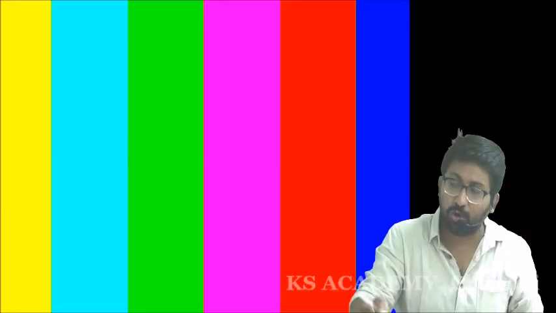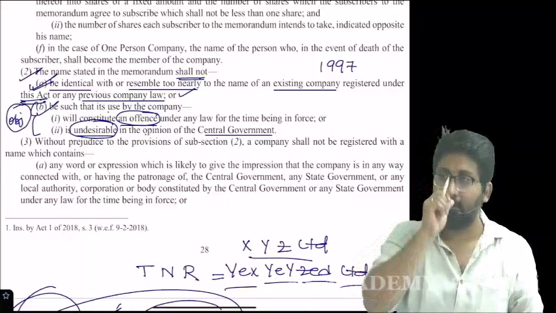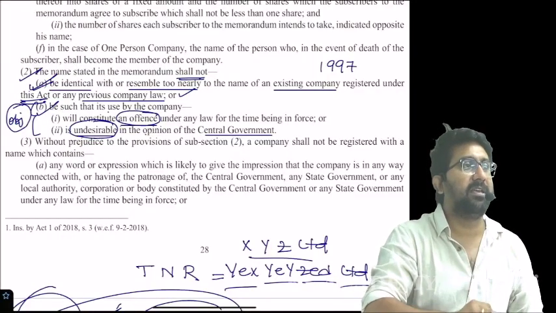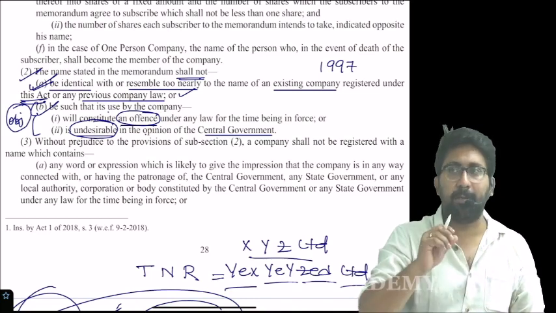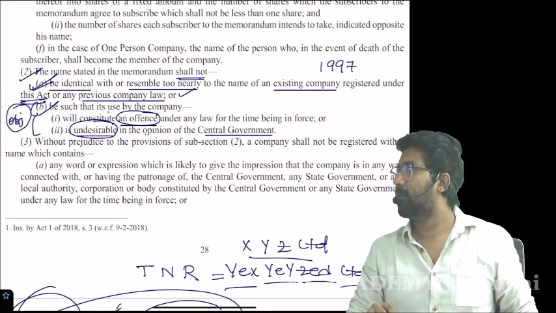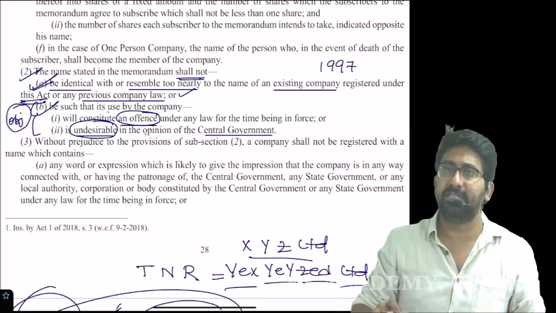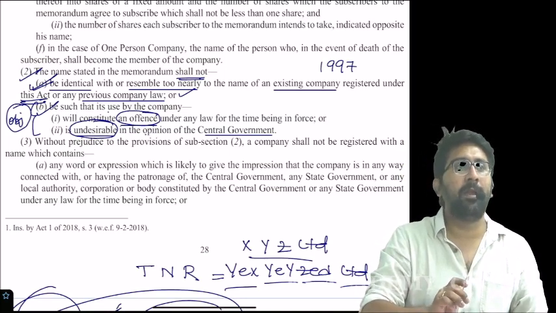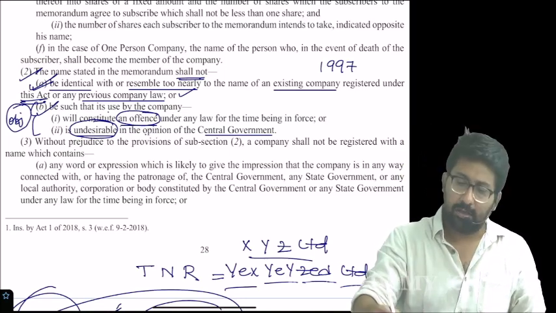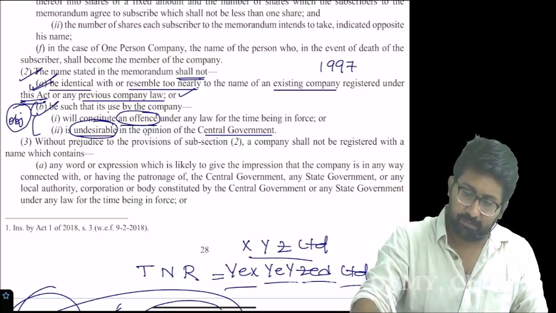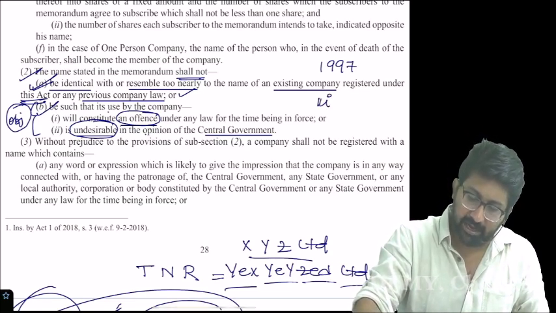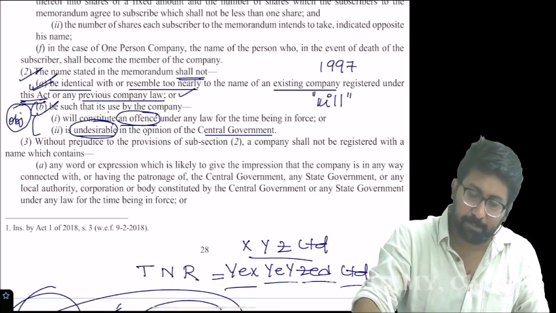Once upon a time, in 1997, under the old Companies Act, this happened. One company used the word kill as a part of its name.